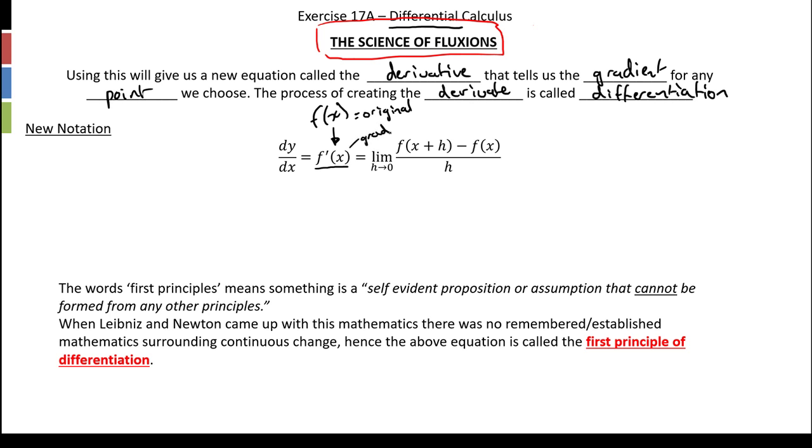It tells us the gradient at any point, which is called the derivative. Now that's if our original thing is called f of x. Sometimes our original function is called y equals something. If it's y equals instead of f of x, we use this notation for derivative. This also means derivative.